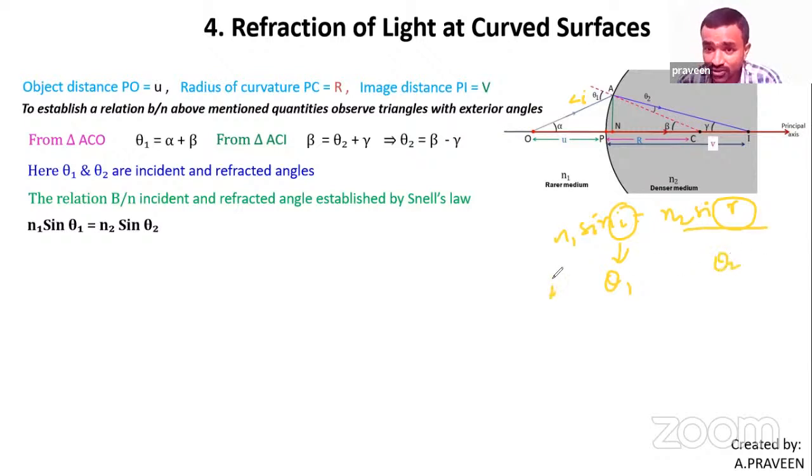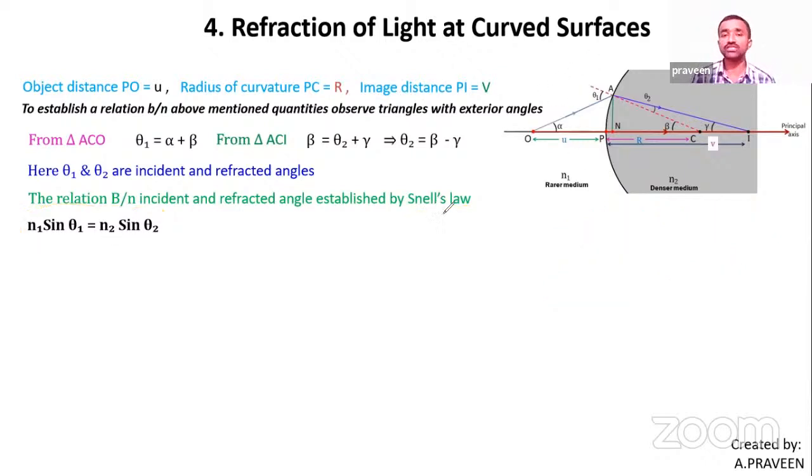So I is equal to theta 1 and R is equal to theta 2. Substituting, I got the relation n1 sin theta 1 is equal to n2 sin theta 2. This is called Snell's law.